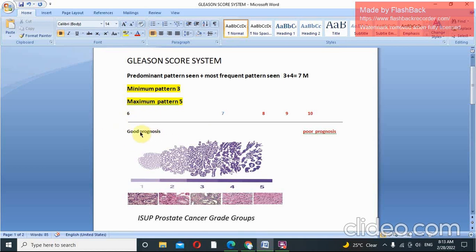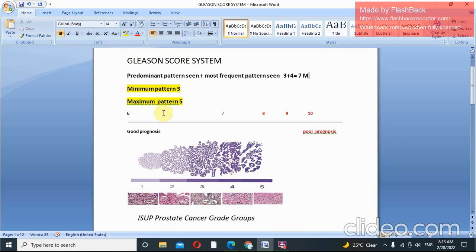You can treat the patient very nicely with the help of medications and all. And if you find the Gleason score is 8, 9 or 10, by adding these patterns, then there is a really poor prognosis, and we have to look at this really seriously with the 8, 9, 10.